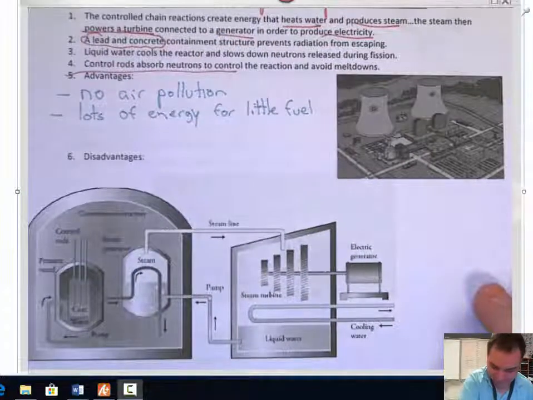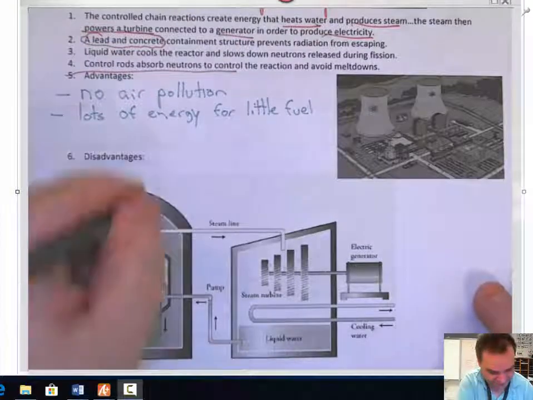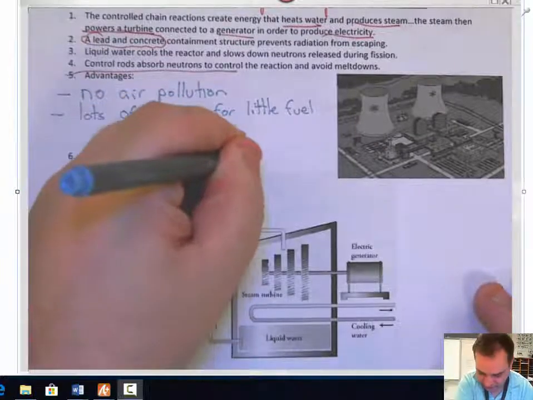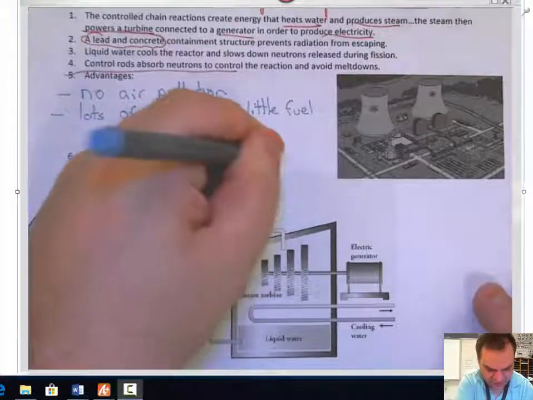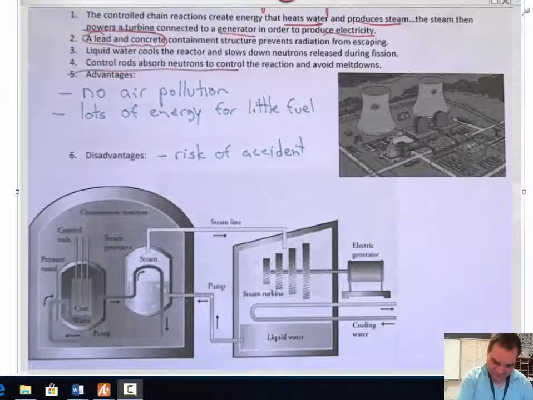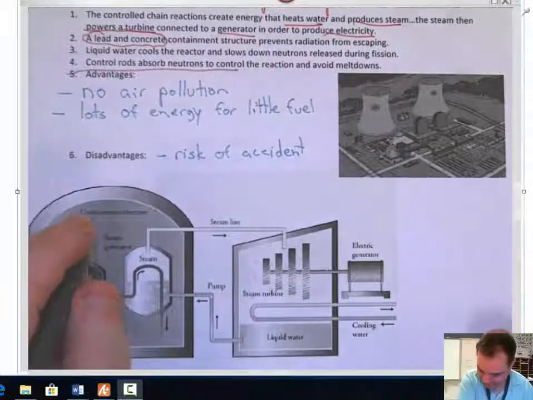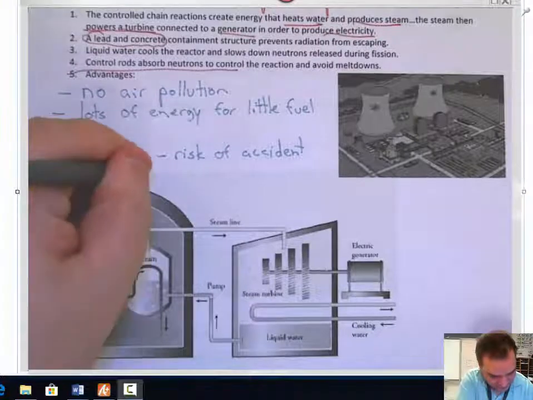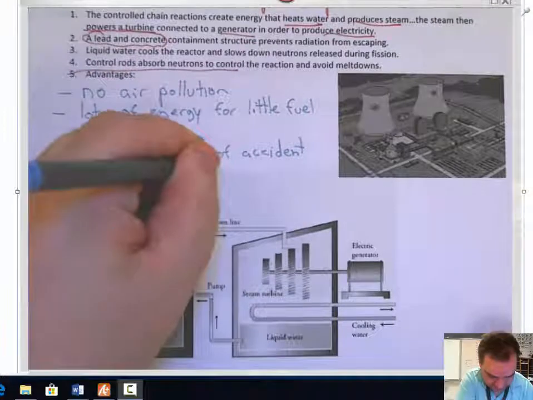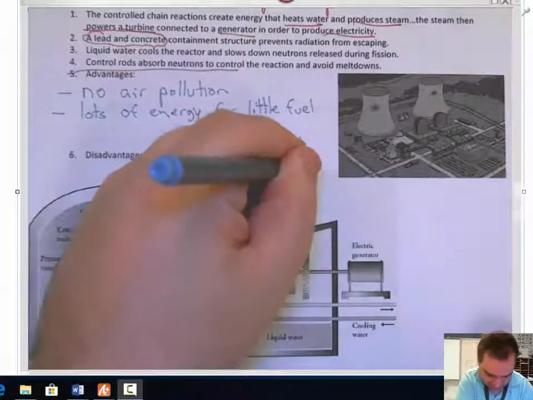Disadvantages: risk of accident. Do you know who causes accidents at nuclear power plants? People that don't know what they're doing. Or if you get hit by a hurricane or something like that. It is difficult, but not impossible, to dispose of nuclear waste.